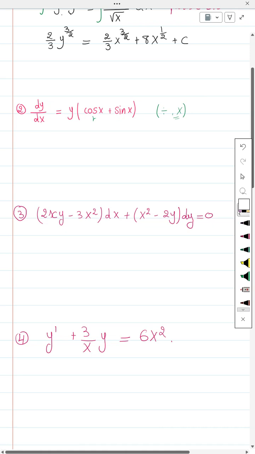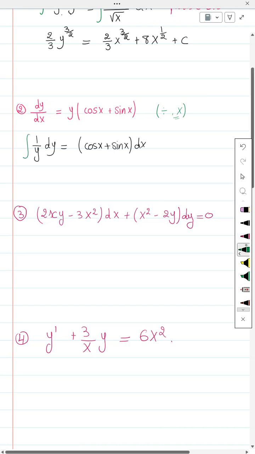So an addition here doesn't matter, since we have y times something related to x. By dividing the equation by y and multiplying by dx, we have 1 over y dy equal to cosine x plus sine x, all times dx.